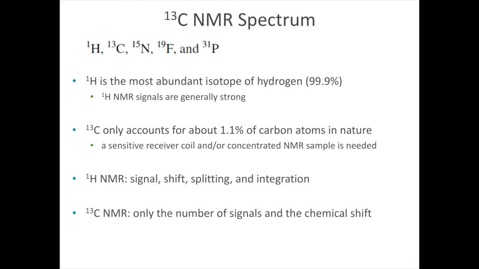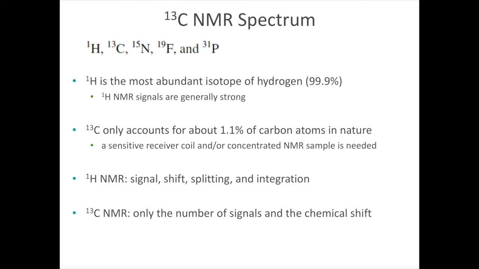Another key difference between these two techniques is that, remember, in proton NMR, we have 4 important pieces of information we can obtain. We can get the number of signals, and in each signal, the chemical shift is important. We can also analyze the splitting pattern and the integration to tell us lots of information.